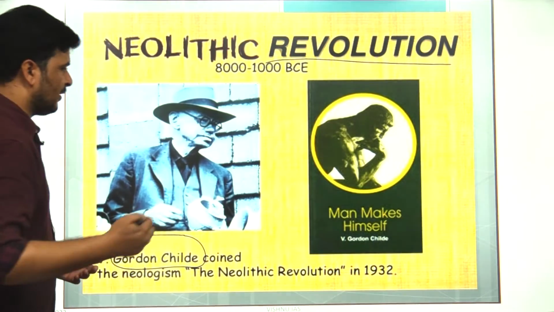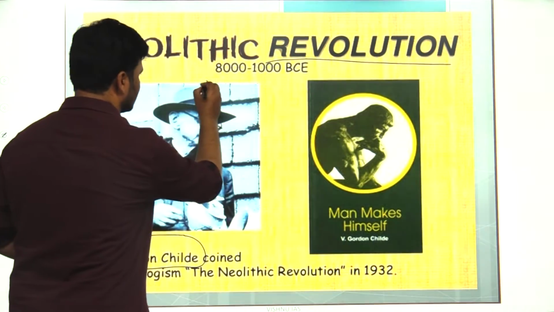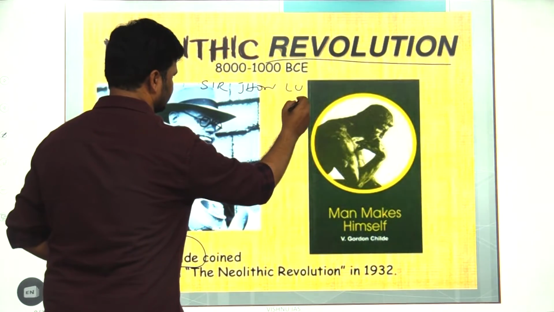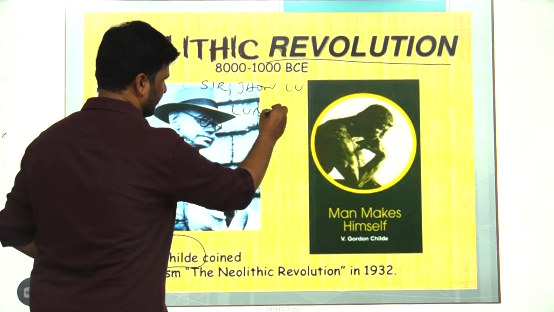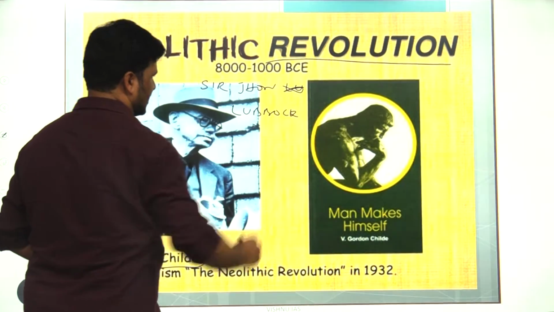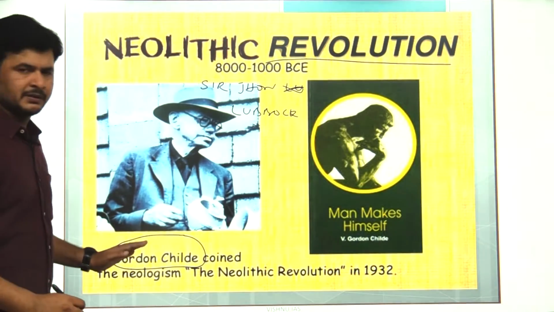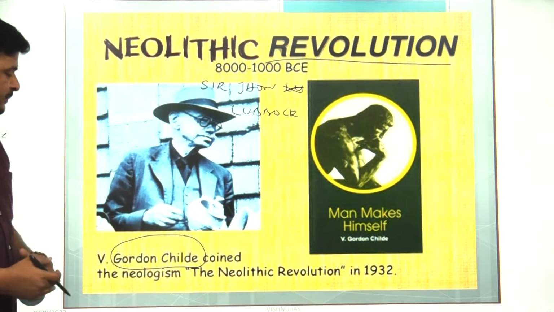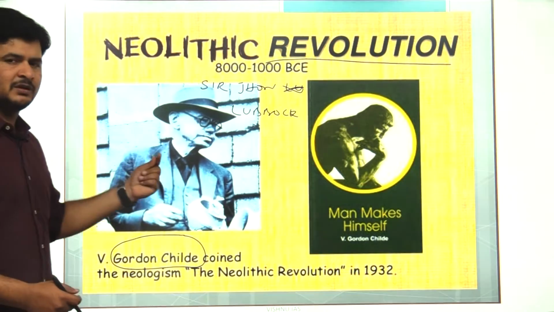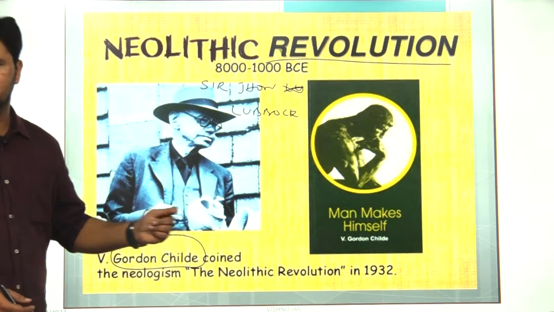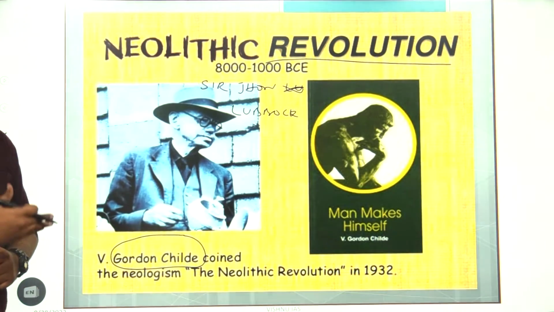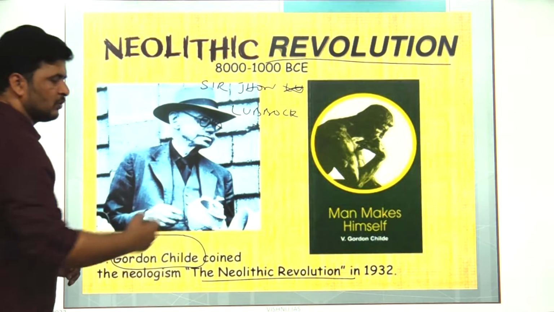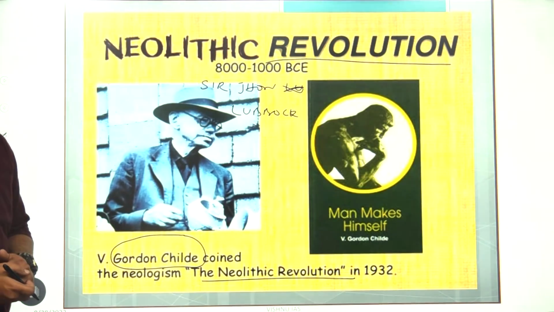Strictly speaking, we found two: Sir John Lubbock. So look at the board. Sir John Lubbock, Gordon Childe. The fundamental difference between Gordon Childe and Sir John Lubbock: Sir John Lubbock, one of the British archaeologists cum historians, authored many books on prehistoric cultures, especially a book on Neolithic revolutions.